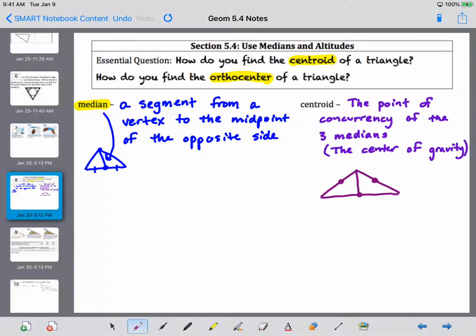If I draw in that median and that median, they should all intersect at this point, which we would call the centroid. It turns out that's actually the center of gravity. If I could cut that triangle out of the piece of paper and balance it on the point of my pencil, it should be balanced at that point.